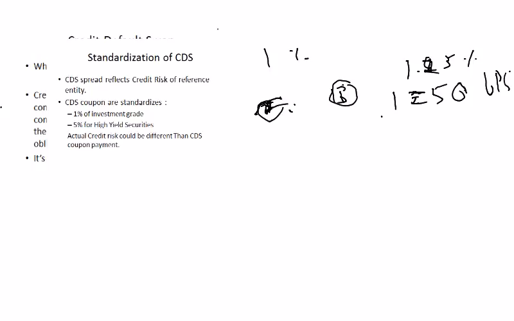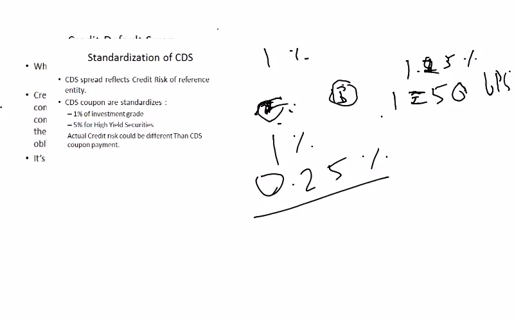Now A, who's buying this CDS, is supposed to pay a 1% coupon payment on the CDS, but B is providing a protection cover for a credit risk of 1.25%, which means A should be compensating more to B. And how much should it be? Excess of 0.25%, which means to get this cover done, A has to make an upfront payment to B of 0.25%.